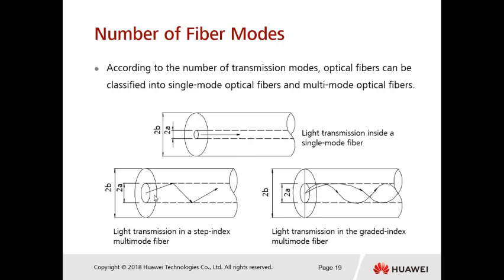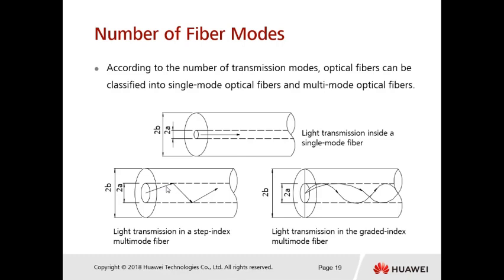This time, your light may have some delay because of the distance change. You need more time to transmit from source to sink, right? At this time, you will have this delay. This delay we call mode dispersion. We have mode dispersion because the input angle can easily be changed.